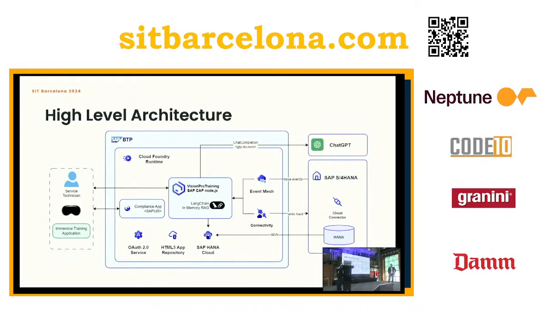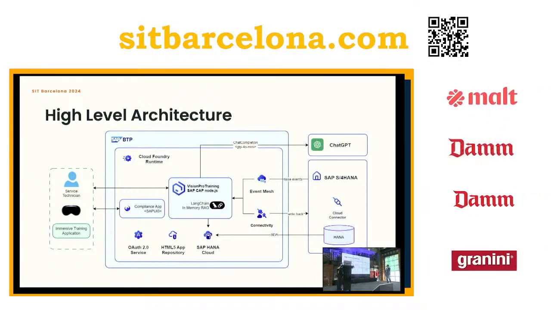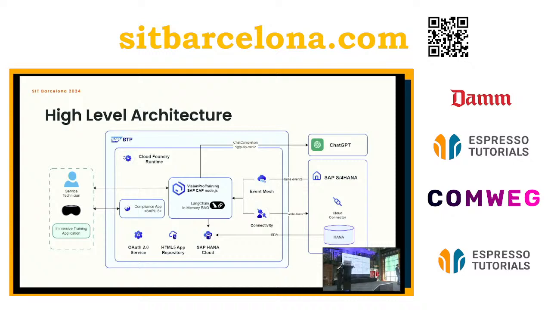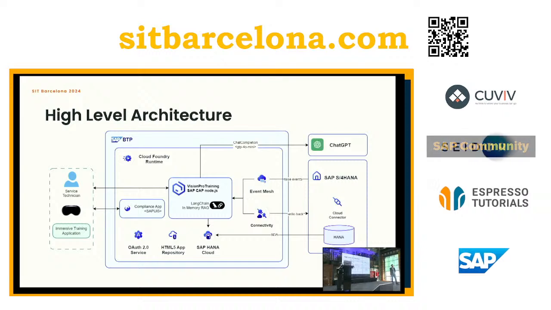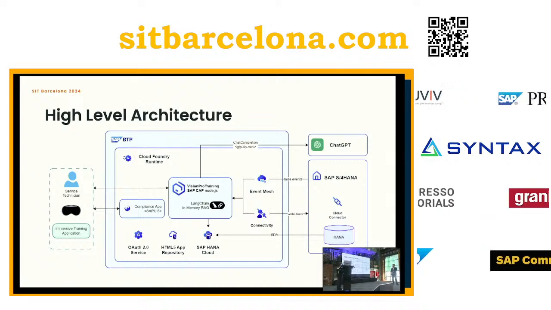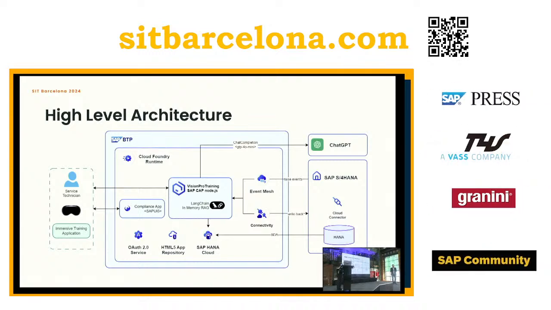The architecture that we have is not very complicated. S/4HANA in the background, and event mesh, of course, to receive events. If any changes go up in SAP, in S/4HANA, we receive these events, and from that we replicate data into our local HANA Cloud database, and that is effectively what is serving the Vision Pro and the compliance app.